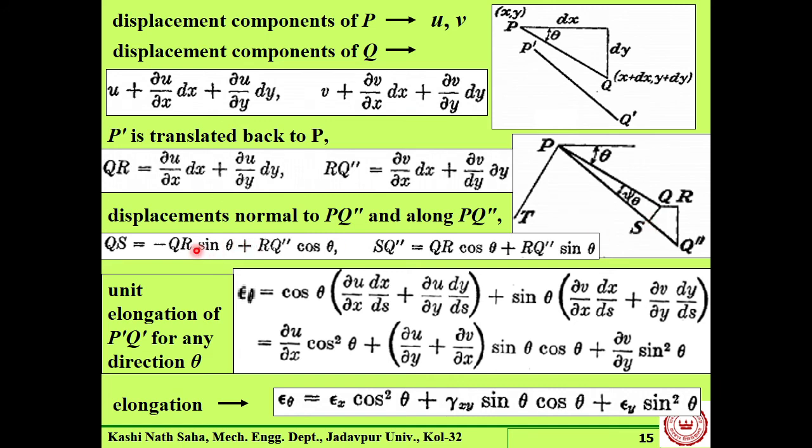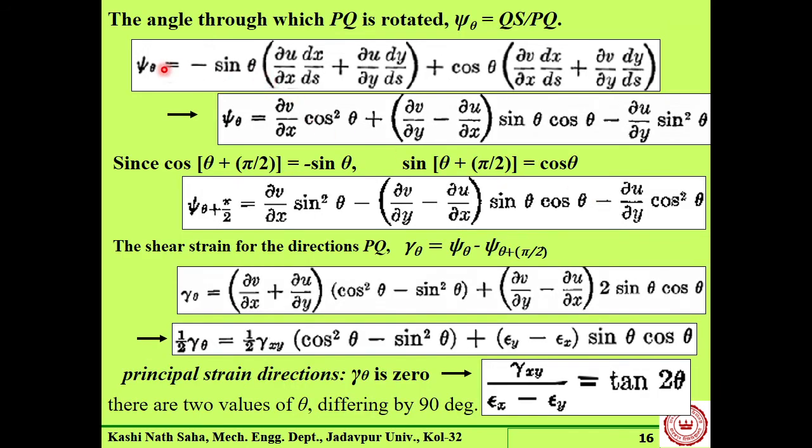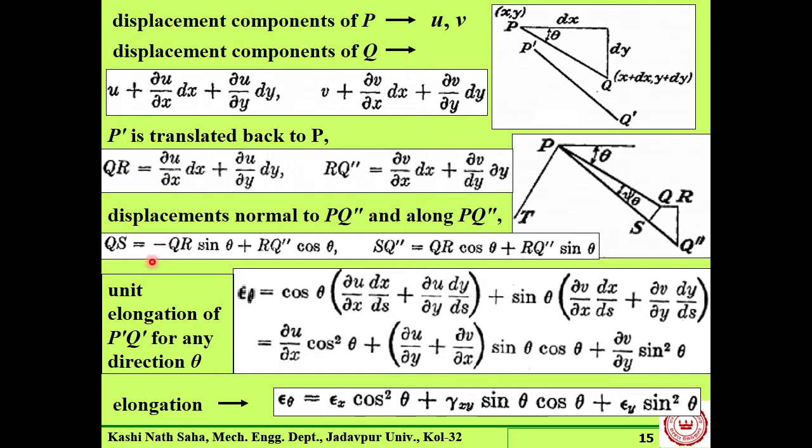This is QS, right? That divided by PQ will give us psi of theta. This is what we are getting from this QS. Yes. This part is clear.